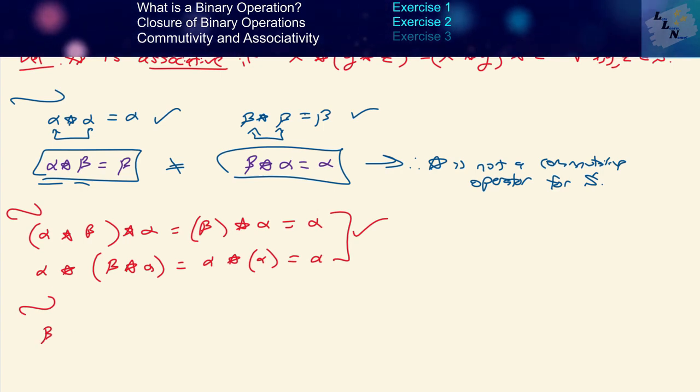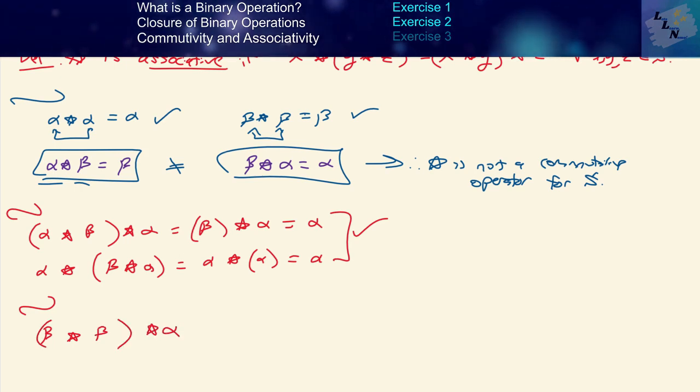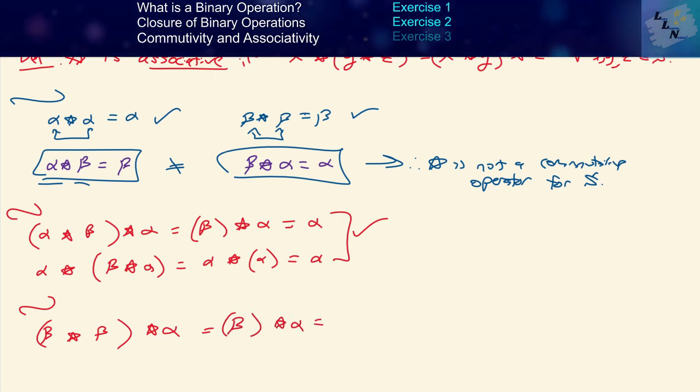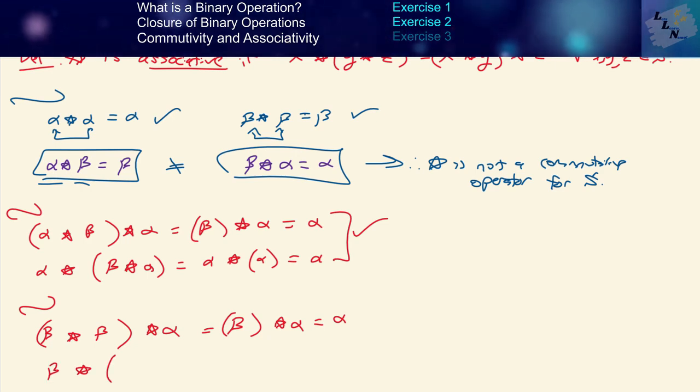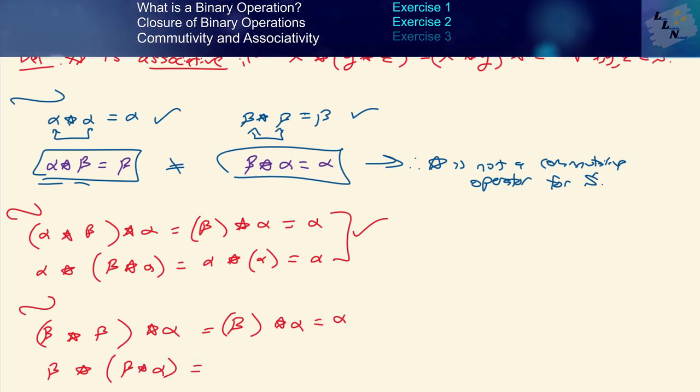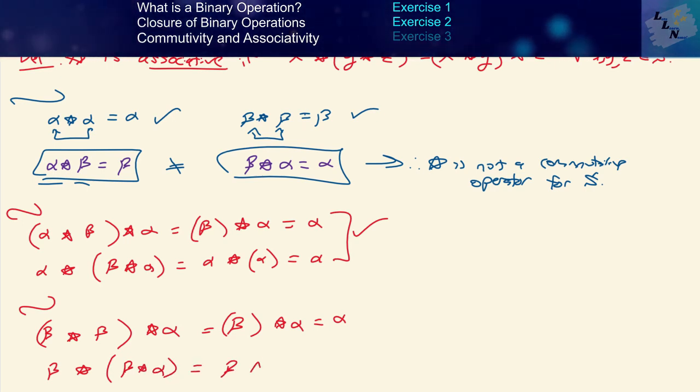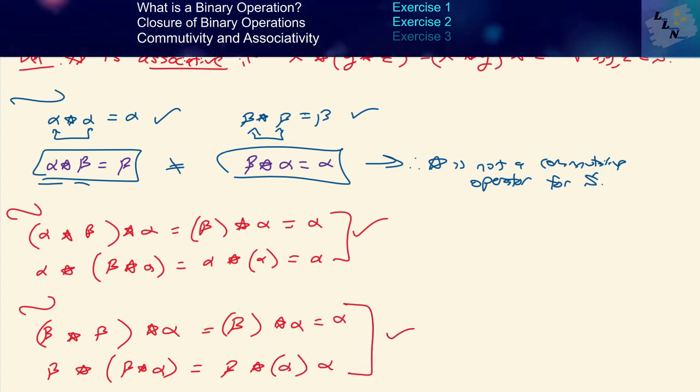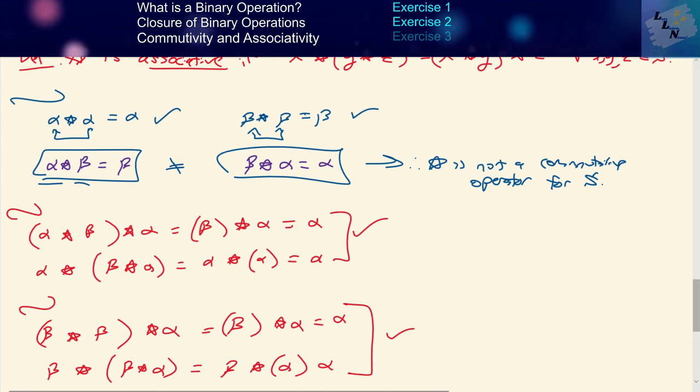Let's consider beta star beta star alpha. Beta star beta, in case you don't remember, was equal to beta, and beta star alpha is equal to alpha. And if we change the order of these parentheses, beta star alpha was equal to alpha, and beta star alpha is equal to alpha, and we clearly see that these two are also equal.